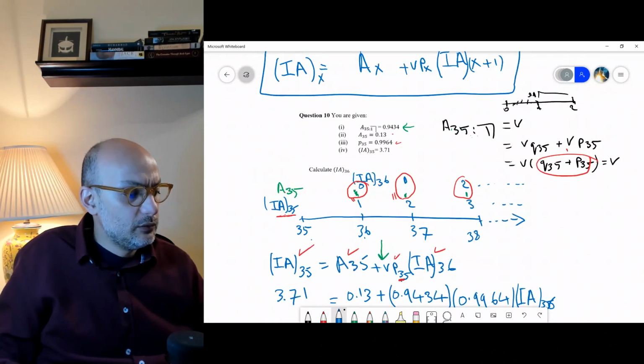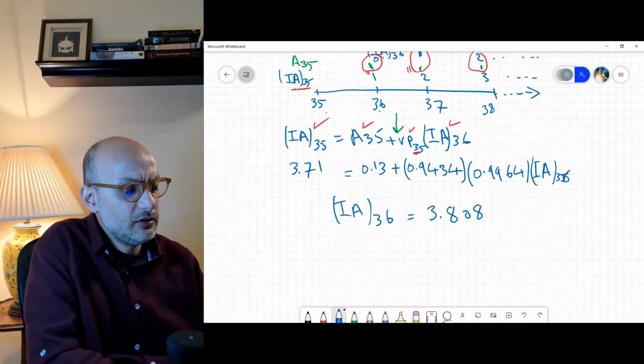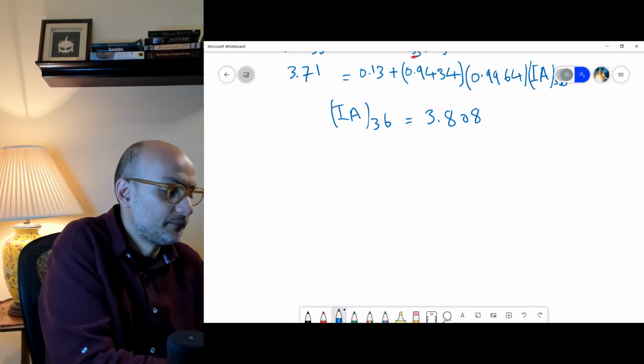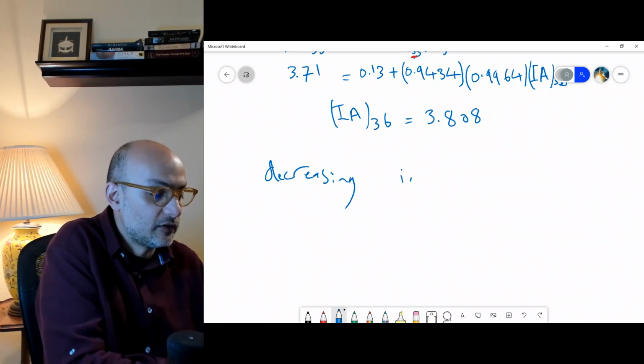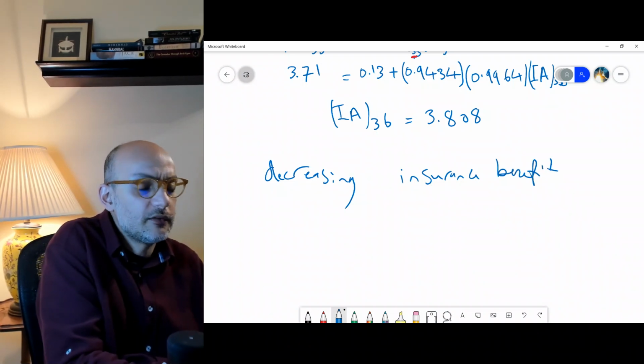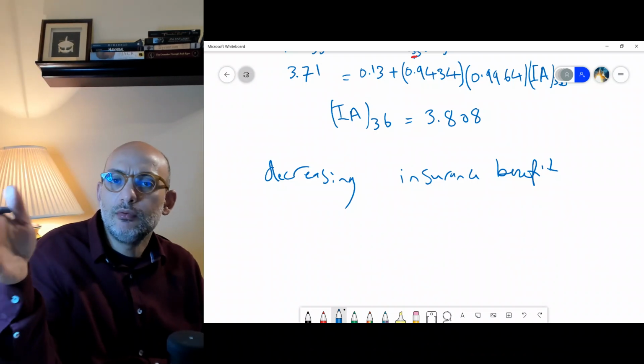So again, we did this relationship with IA. Now we can think of also decreasing insurance, right? Insurance benefit. So instead of starting with 1, 2, 3, 4, 5, 6 up to n, now we'll start with n.